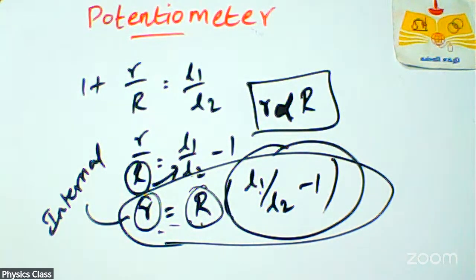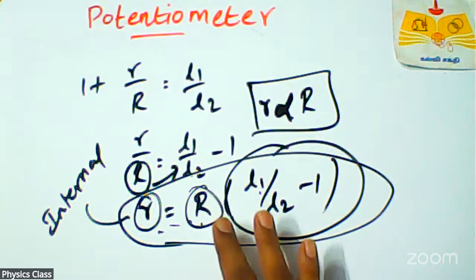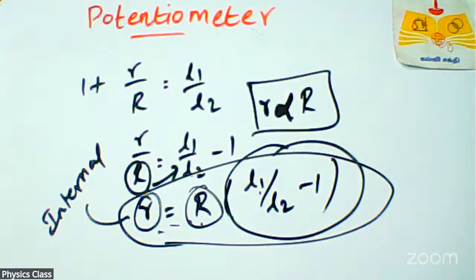Suppose the external resistance increases, the internal resistance of that cell also increases. Clear? For this equation, we can remember Ohm's law, V is equal to IR, and E is equal to I into (R + r). From that, we can derive that the internal resistance of the cell r is equal to R into (L1/L2 minus 1).